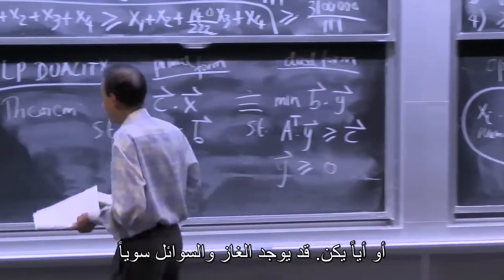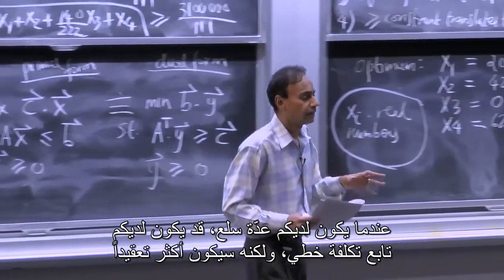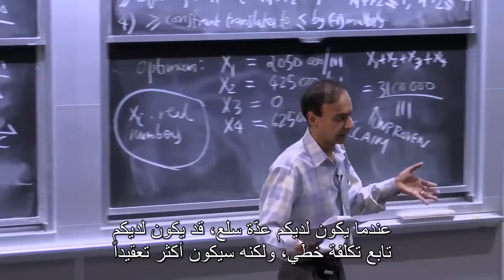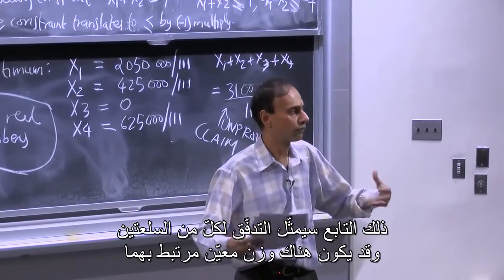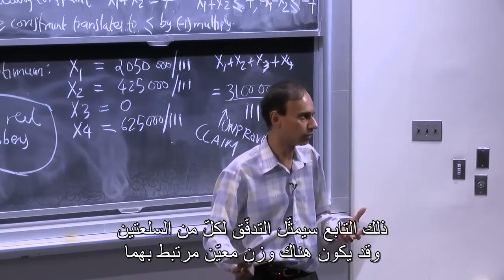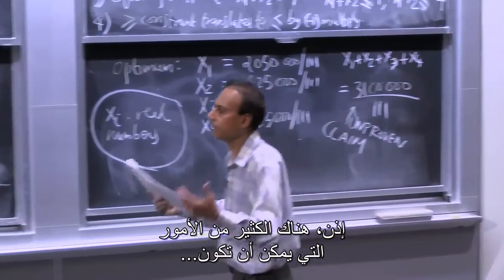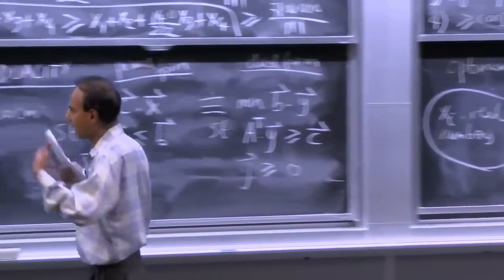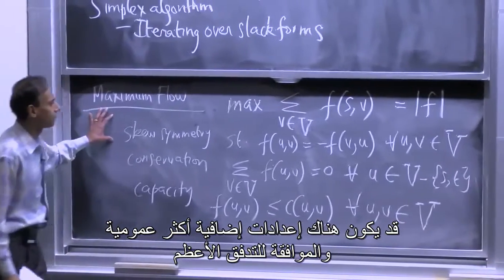And so when you have multiple commodities, you may have a linear but more complicated cost function that's a function of the flow of each of the commodities, and they may have a certain weight associated with them. So there could be more general settings corresponding to max flow.